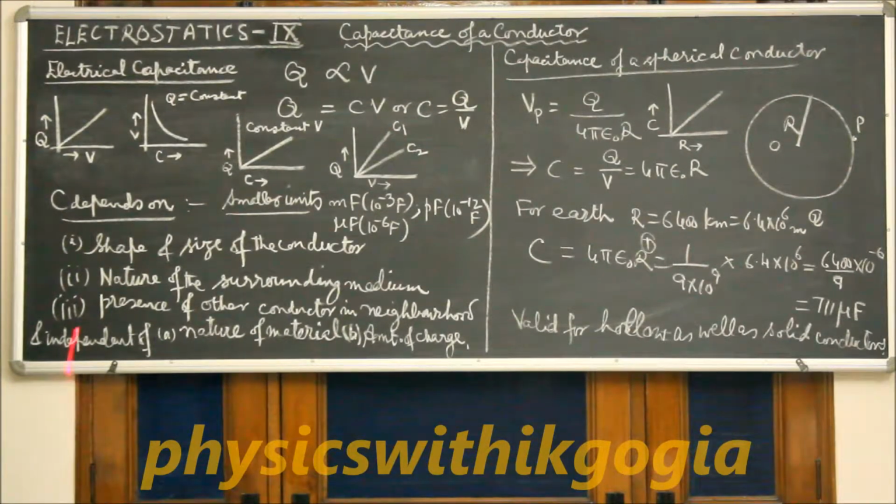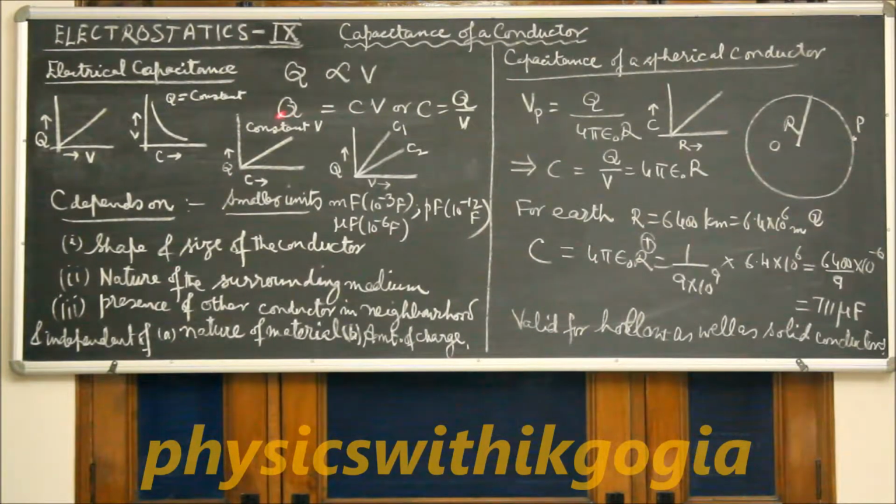For example, if we plot a graph between charge versus potential, we get a straight line. And the slope of this graph, that is Q by V, will give you the capacitance of the conductor.